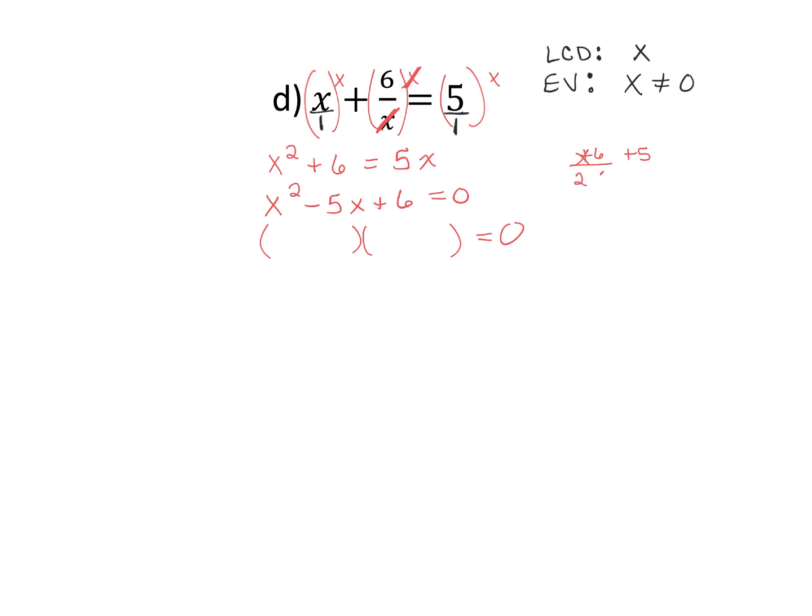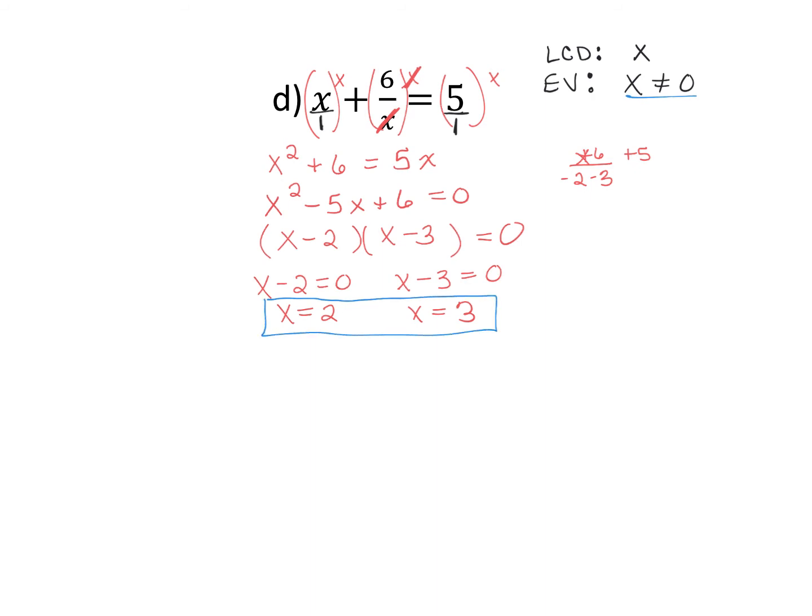So I think that's negative 2 and negative 3. And then the zero product rule, we set each of these factors equal to 0, and we get 2 and 3. And neither of these were our excluded values, so we actually get two answers here, x equals 2 and x equals 3.